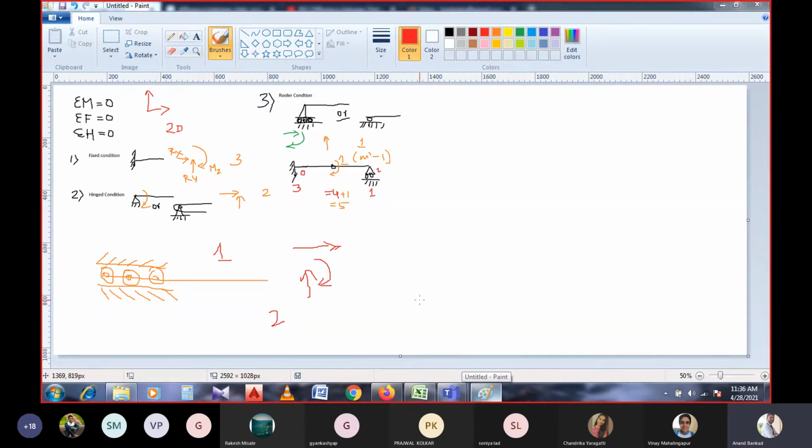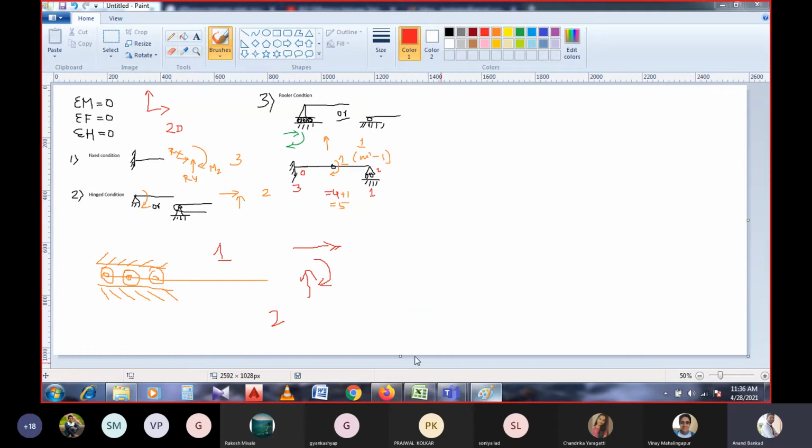So I repeat once again, static indeterminacy is the calculation of the number of reactions in the structure, whereas kinematic indeterminacy is the calculation of degrees of freedom in the structure. If you calculate the freedom, that is the calculation of kinematic indeterminacy. If you calculate the number of reactions generated in the beam or any structure, that will be considered as static indeterminacy.